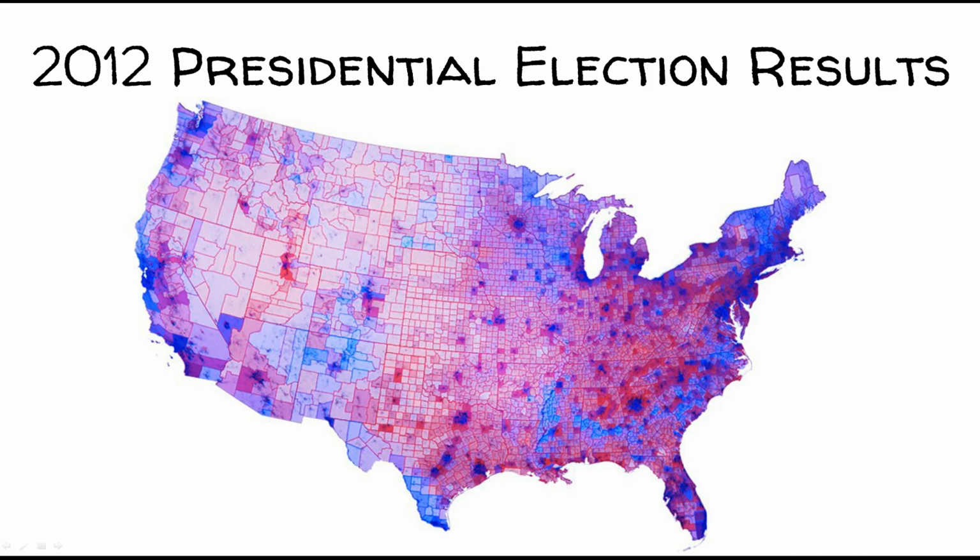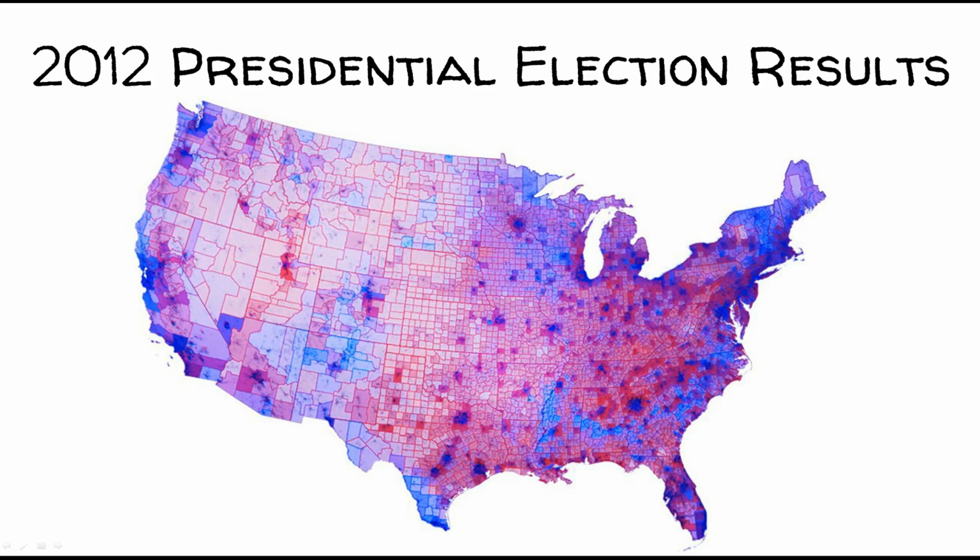So counties with greater than 50% for Obama are in blue, and oppositely, those greater than 50% for Romney are shown in red. So deeper blue and deeper red colors indicate a higher percentage of votes for that candidate.